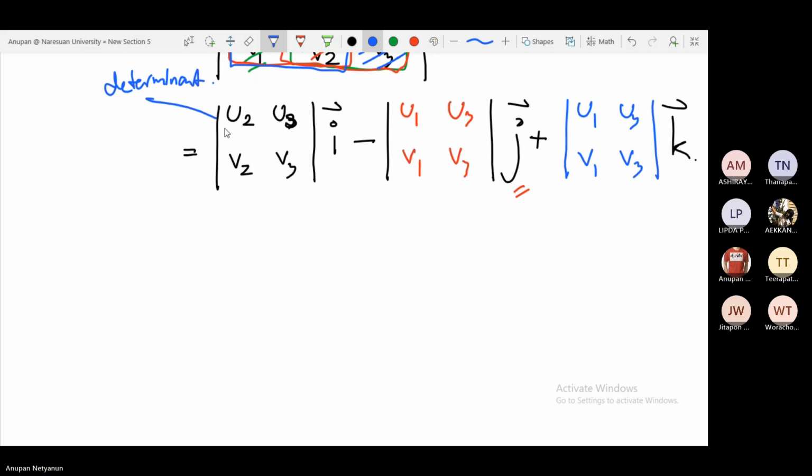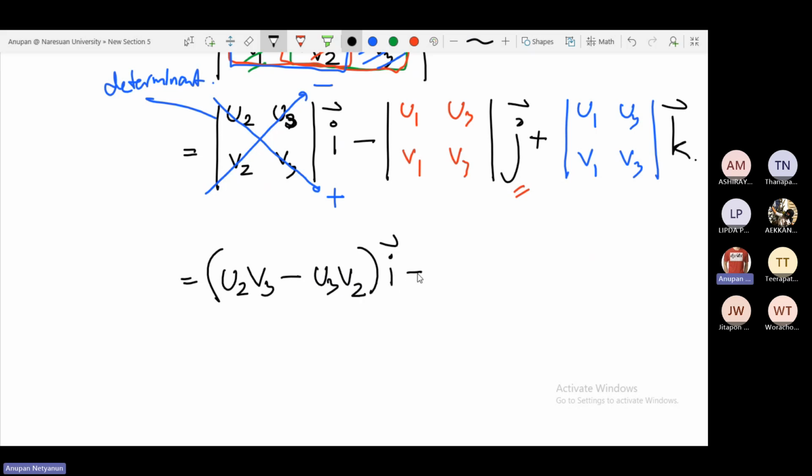matrix, what you do is you multiply this, in the diagonal going down. So you have plus, and when you multiply this diagonally, but in the upward direction, you have minus. So what you are going to have is U2 times V3, which is plus, but then you subtract V2 times U3, or U3 times V2.